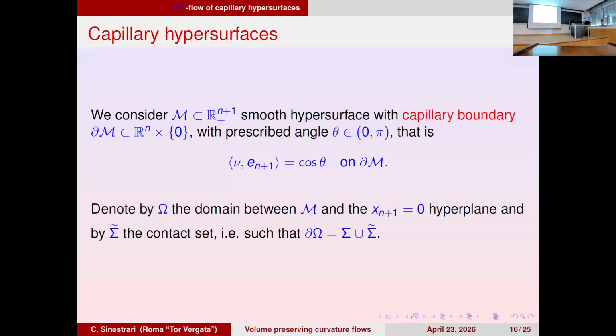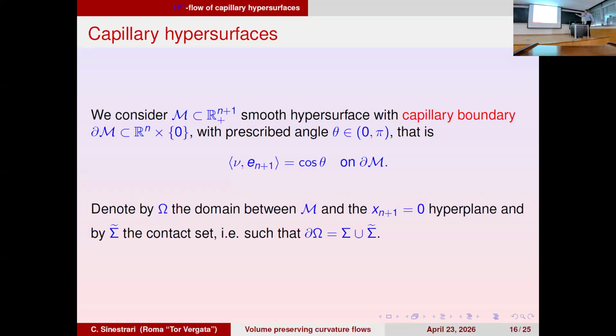Just to fix the notation, I call M the hypersurface. I call omega the enclosed domain. This is a different notation from the one in the paper.